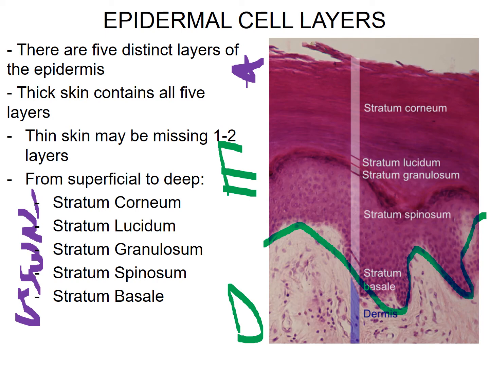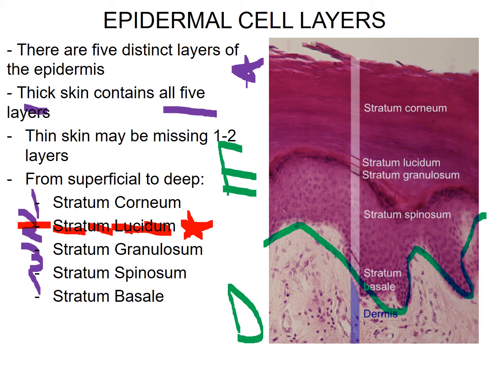Now, this is thick skin. Thick skin has all 5 layers. In thin skin, usually the stratum lucidum is not there, and all the other layers are just a little thinner. They're just not as thick. So with the thick skin, all the layers are a little thicker, and then we have this extra layer called the stratum lucidum.